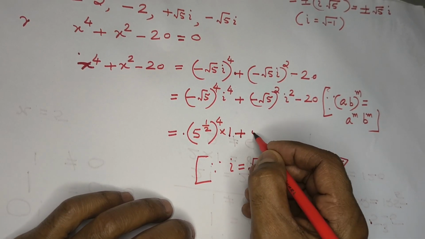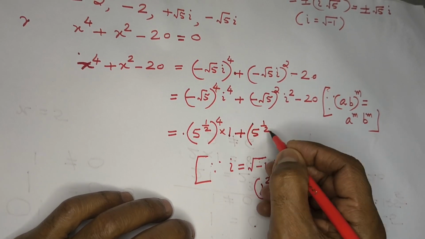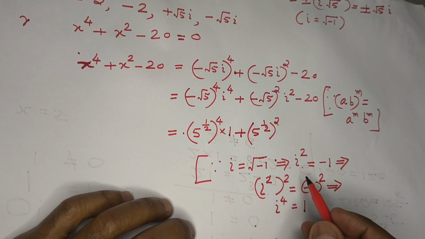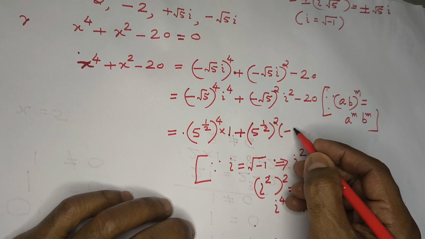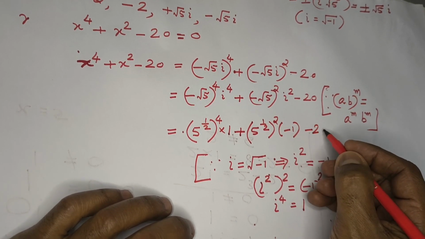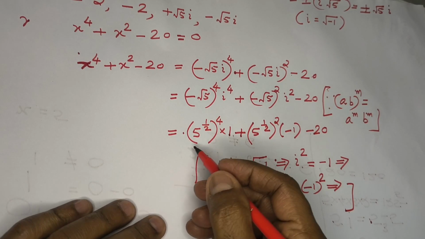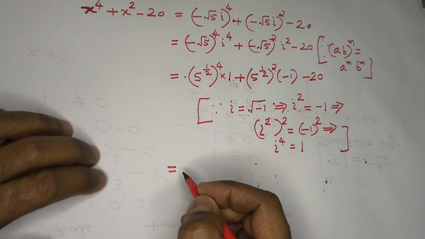Plus 5 power 1 by 2, the whole raised to 2, and there is I square. I square, we have found that to be minus 1. So let me write minus 1. Then comes minus 20. Then let me further simplify.